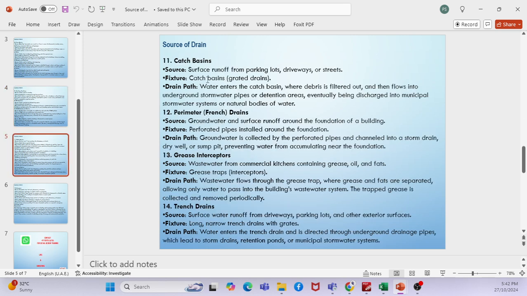Then you have a catch basin. Surface runoff from parking lots, driveways, or streets. If you go to the external area, you have catch basins. You call it a catch basin, right? If you go to the car parking area, you have a catch basin. It will collect all the wastewater, whatever is on the floor, and inside there is a sand bucket.